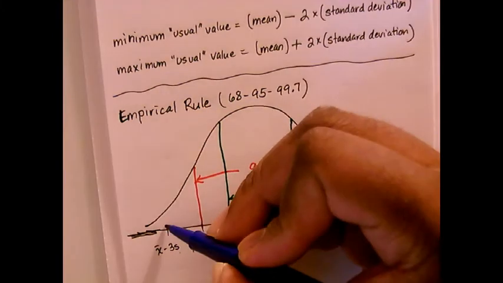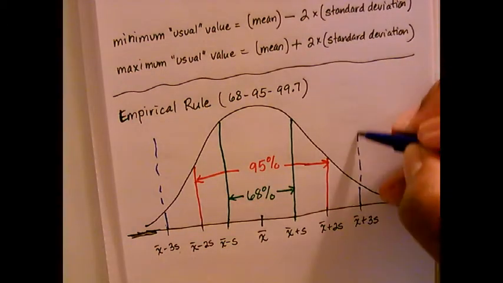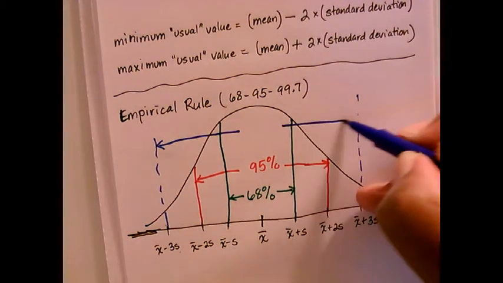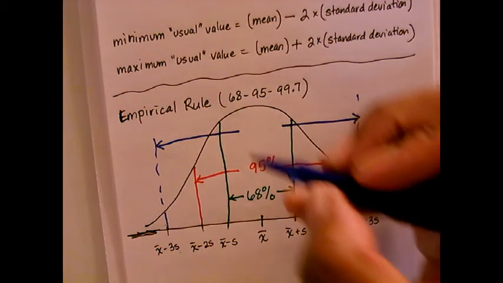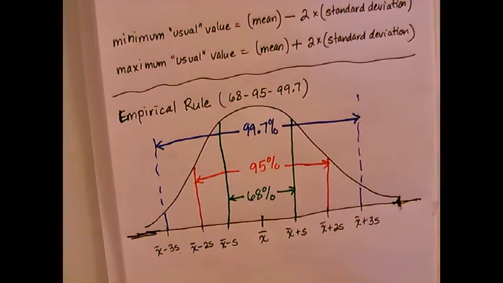And then finally, if I go three standard deviations to the left and three to the right, that's all of this here. Then according to the empirical rule, 99.7% of the data values will lie within 3 standard deviations of the mean. So this is basically what the empirical rule is stating in regard to the normal curve or the bell-shaped distribution.